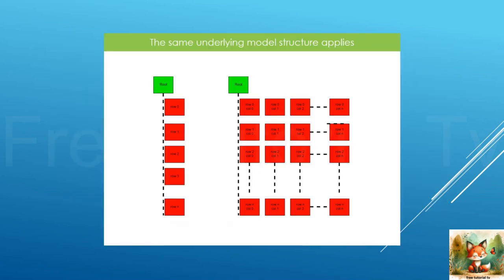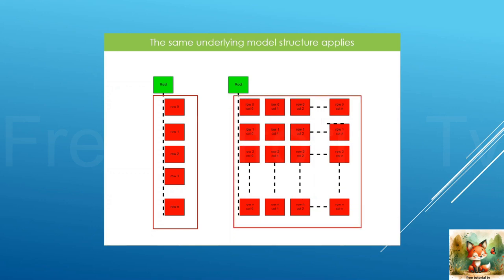Now, the model is going to be following the same structure we have been talking about all along. So we will have a root item. The root item is going to have a child table, but for lists, the child table is only going to have one column and a bunch of rows. For tables, the child table is going to have any number of rows or columns, but things in this child table are not allowed to have further children because we are really interested in this single table here.